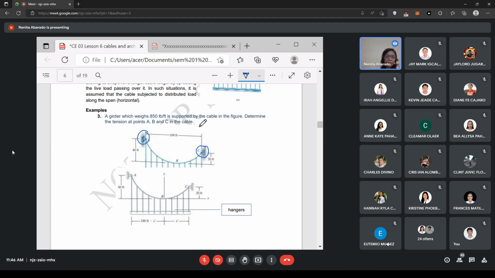Okay? So to get this, what we will get is the lowest point. We're going to determine the location of the lowest point of the cable. There is no problem if our cable is symmetrical. Let's say our cable is even, okay? Let's say there is the support here, another support here, because we know that the tension at the lowest point is zero.